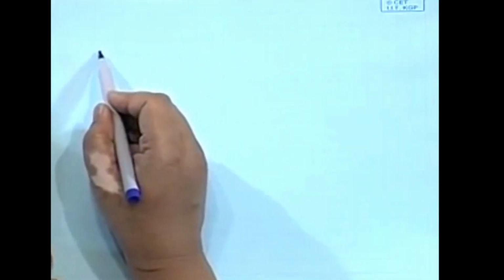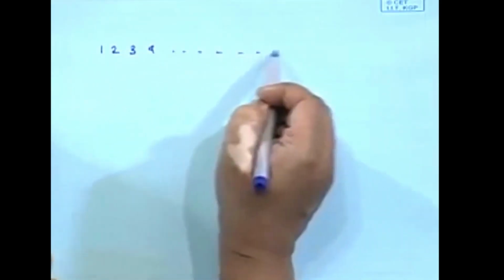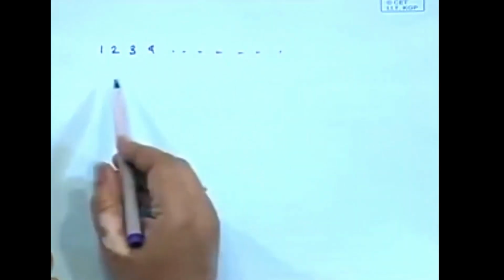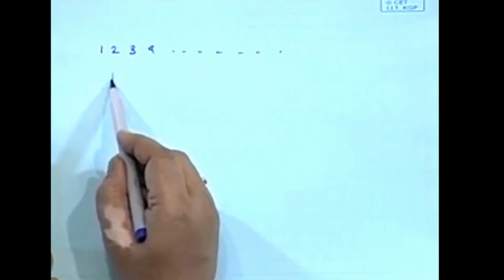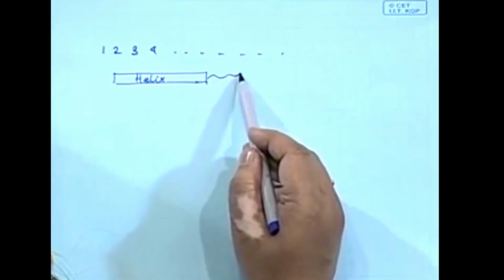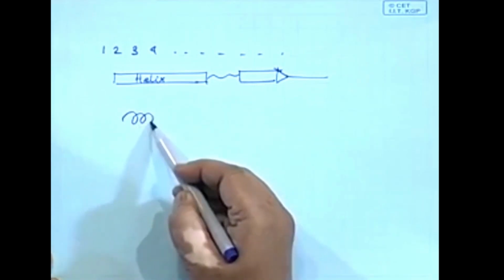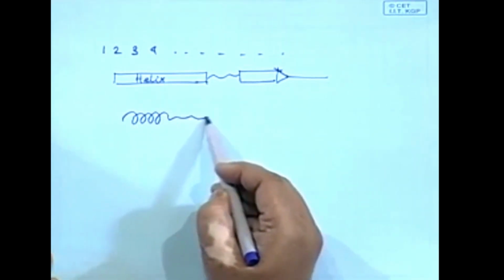So I now have my sequence 1, 2, 3, 4 and so on. What can I say? I can say that I have a helix here, I have say a turn here, and then I have a sheet here or something like that. So I can say basically it should be more like this.